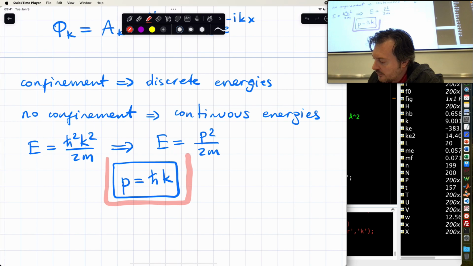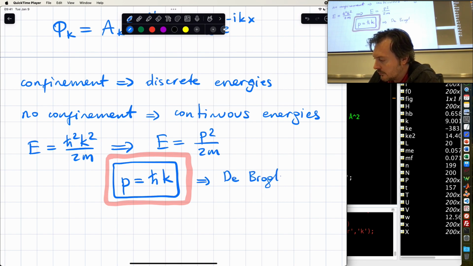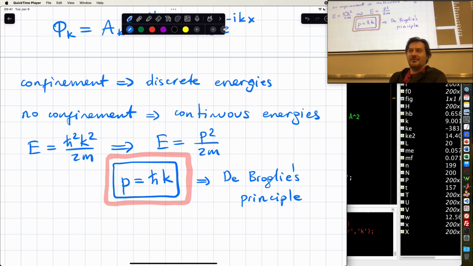So this is actually de Broglie's principle, proposal, postulate, whatever. Now it's supported by the equations. Why?